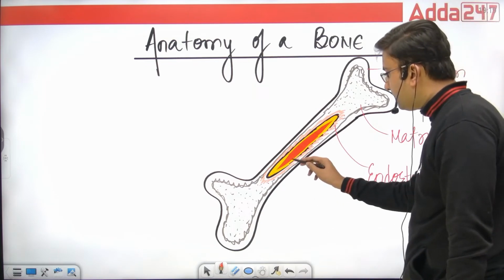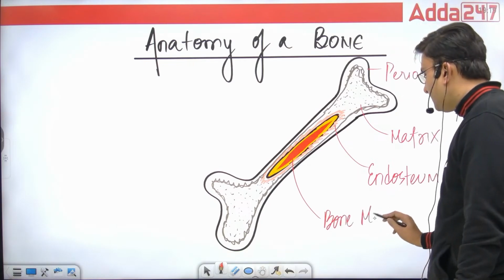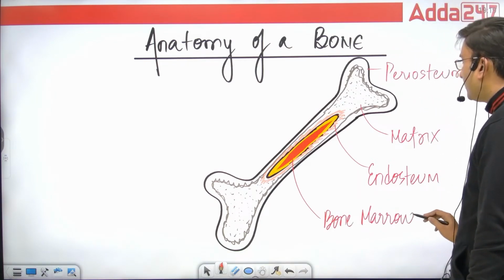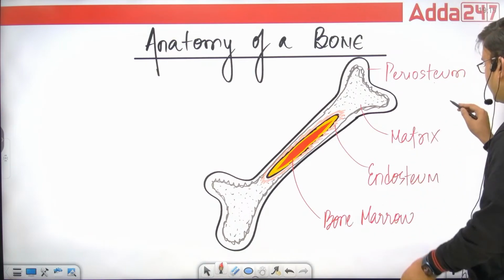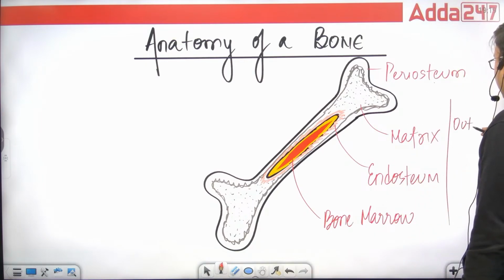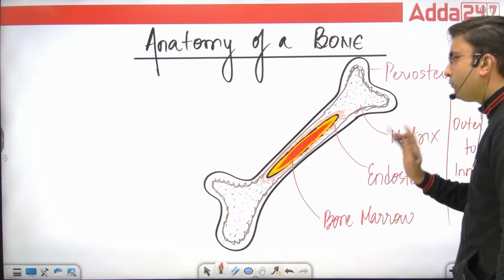And finally we have the bone marrow. These are the parts of a bone: periosteum, matrix, endosteum, bone marrow, from outer to inner part. First we have periosteum, then matrix, then endosteum, and then bone marrow.